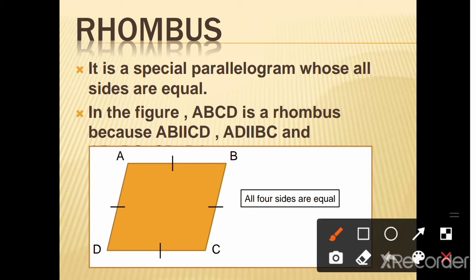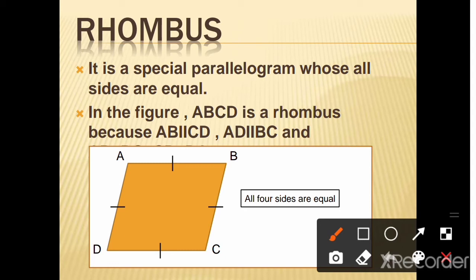A rhombus is a special parallelogram whose all sides are equal. It is also a parallelogram because in this case opposite sides are parallel and equal, and opposite angles are also equal.